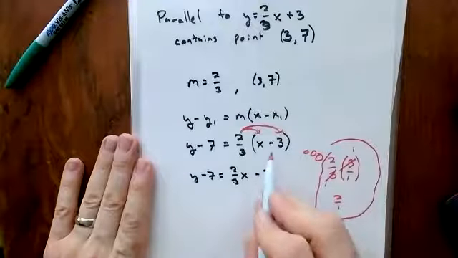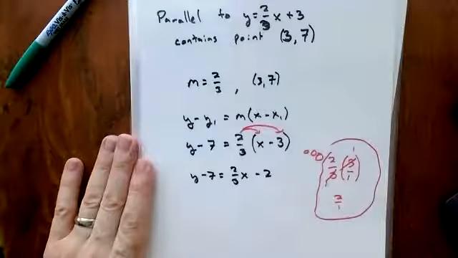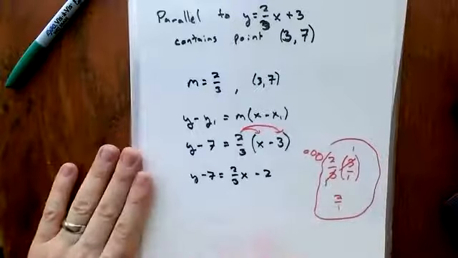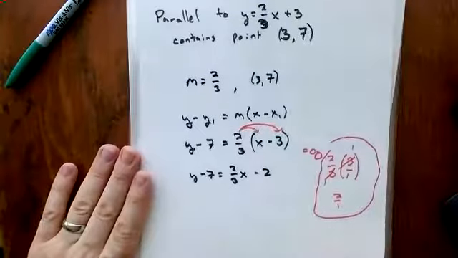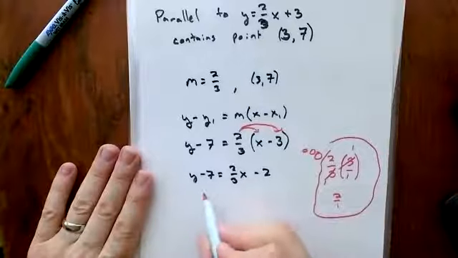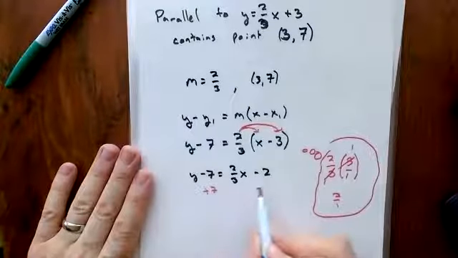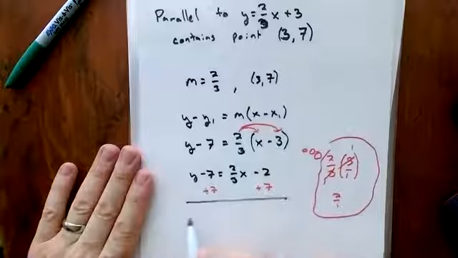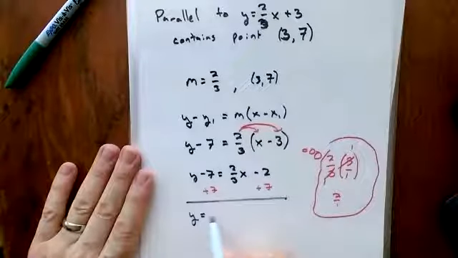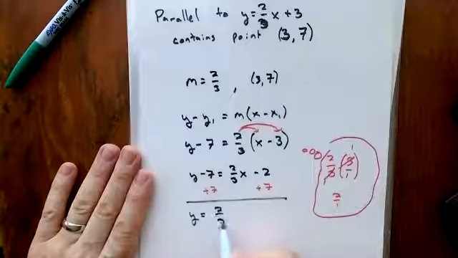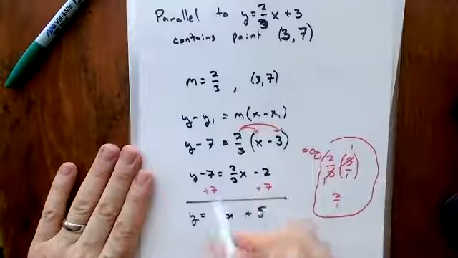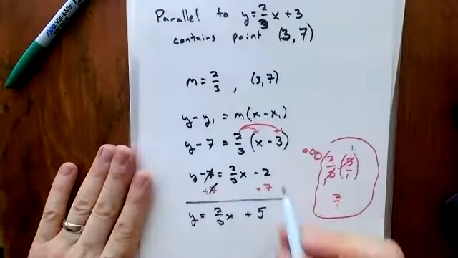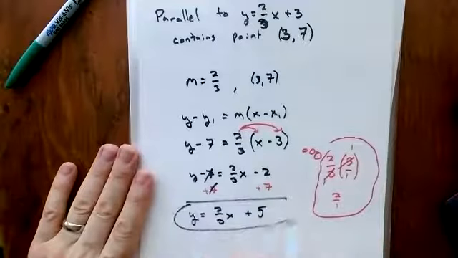That's going to be a 2, and my signs stay the same because I was multiplying by a positive. Last thing to do is add 7 to both sides. So now I've got y is equal to 2/3 x plus 5, as those cancel out, and -2 plus 7 is 5. This is our parallel line.